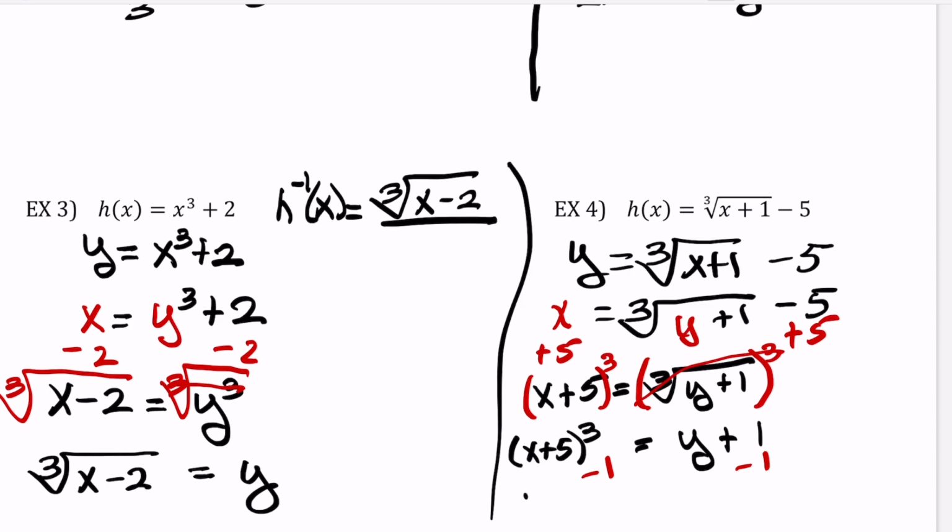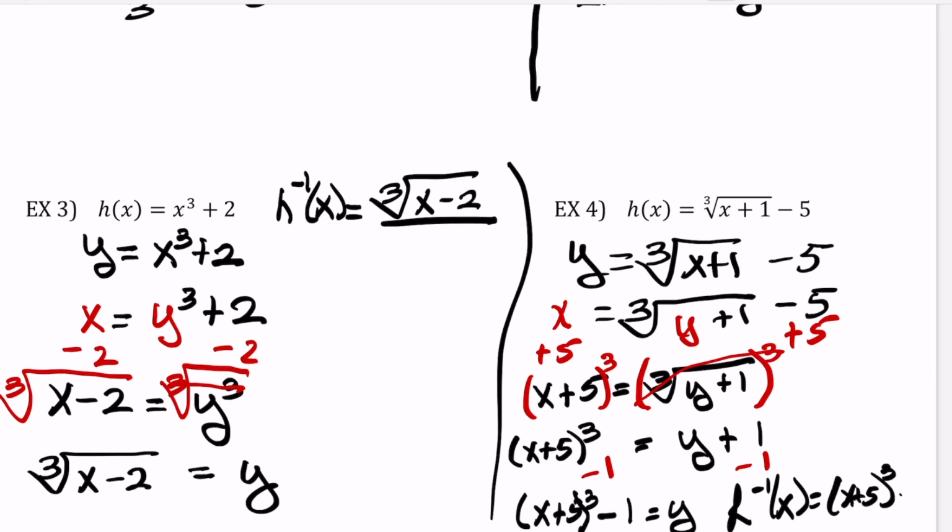So I would have to write my answer as x plus 5 to the third power minus 1 equals y. So my h inverse of x is x plus 5 to the third power minus 1.